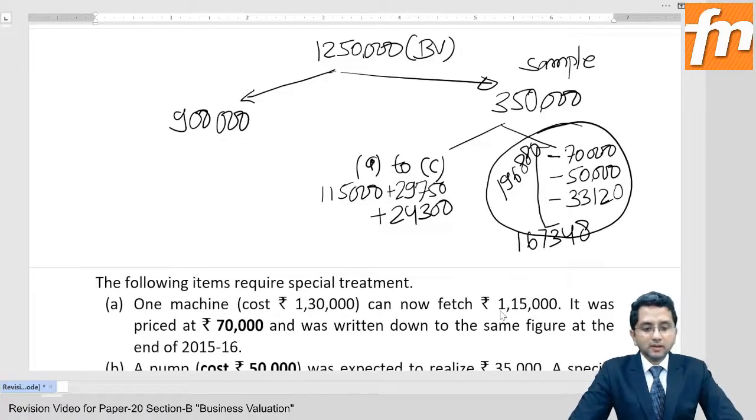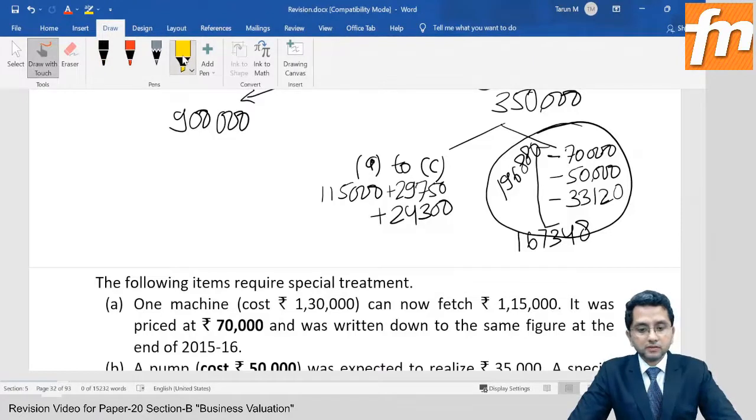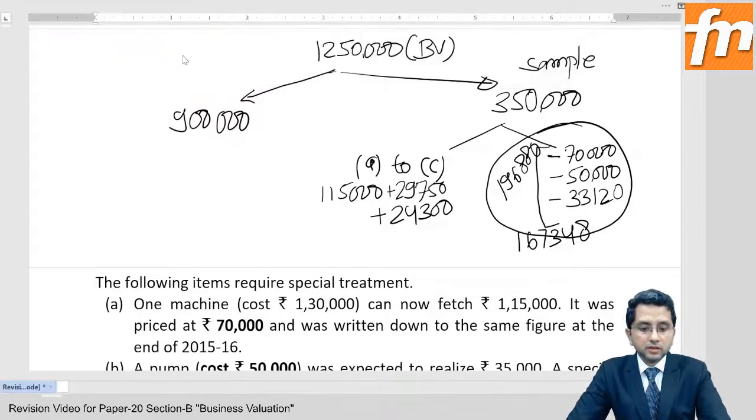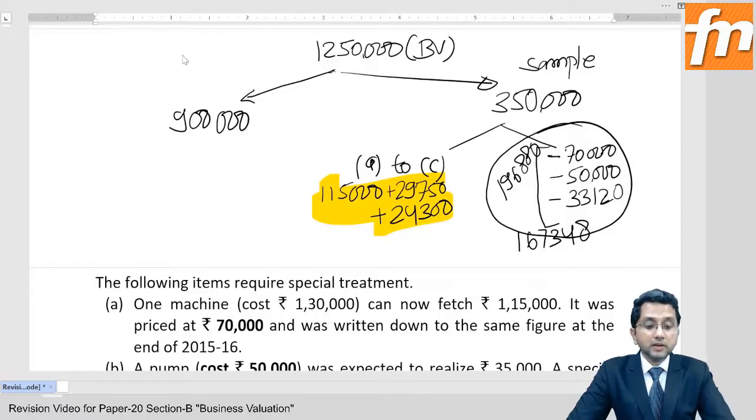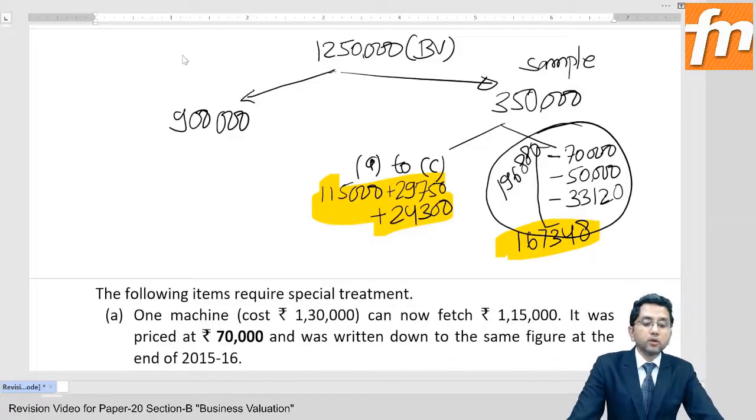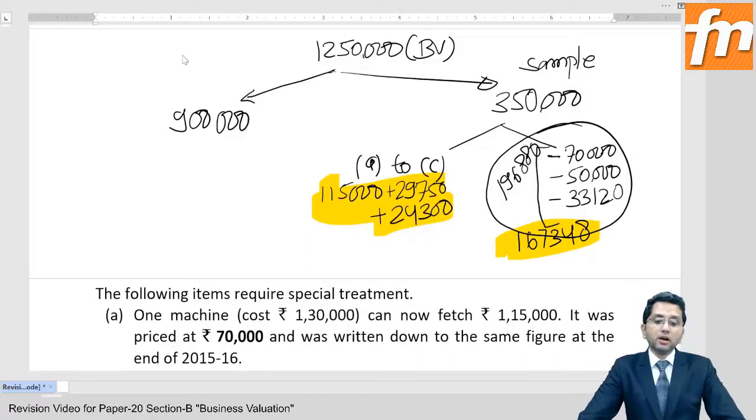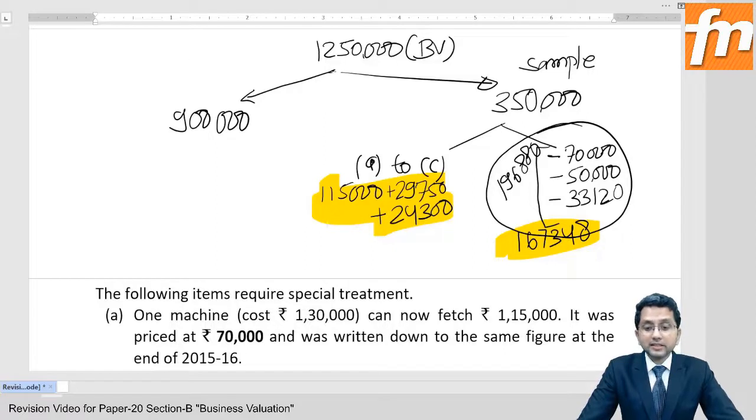Okay. So now you have 2 items. I'll just highlight it. This is one item at the realizable value of items ABC, and this is the realizable value of the remaining items from your sample. Now the question arises, what is the realizable value of this 9 lakh rupees?